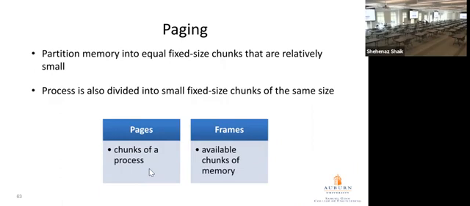Now that the page sizes and frame sizes are exactly the same, the overall allocation problem reduces to simply identifying a free frame in which a particular page can be placed. So we can allocate any of the free frames to any of the pages from the logical address space of a process. So it becomes a simple mapping problem.